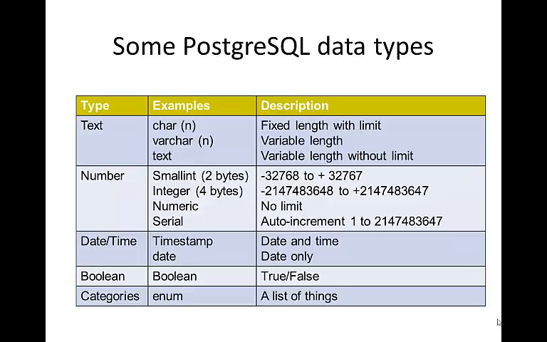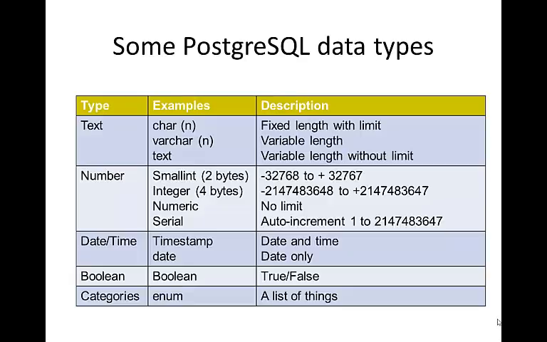Whereas with a varchar, the amount of space on the disk is only the amount of space for the number of characters that you've actually used. And text provides a variable length one without limit, so you could put the entire Encyclopedia Britannica in one field in one table in a Postgres database, if you felt so. Whether it's a good idea, of course, is another matter.